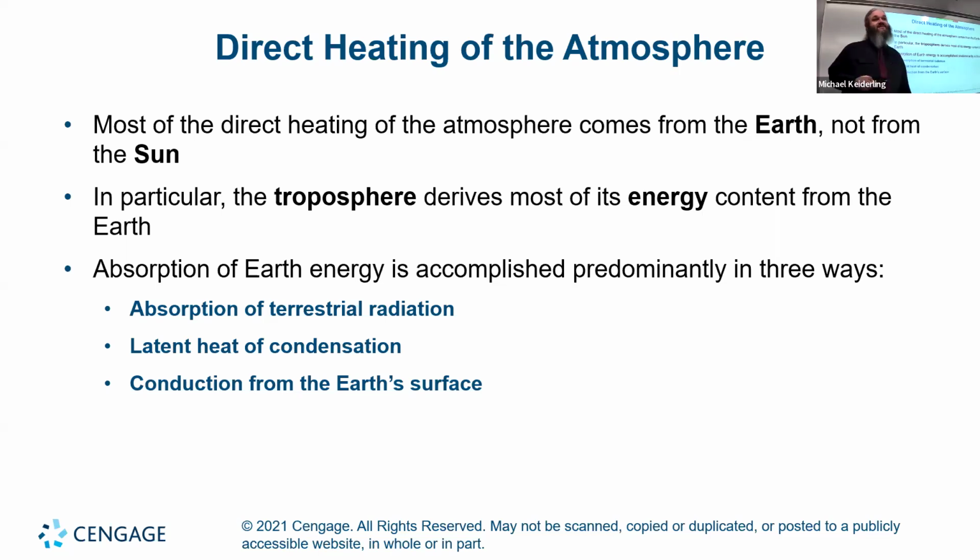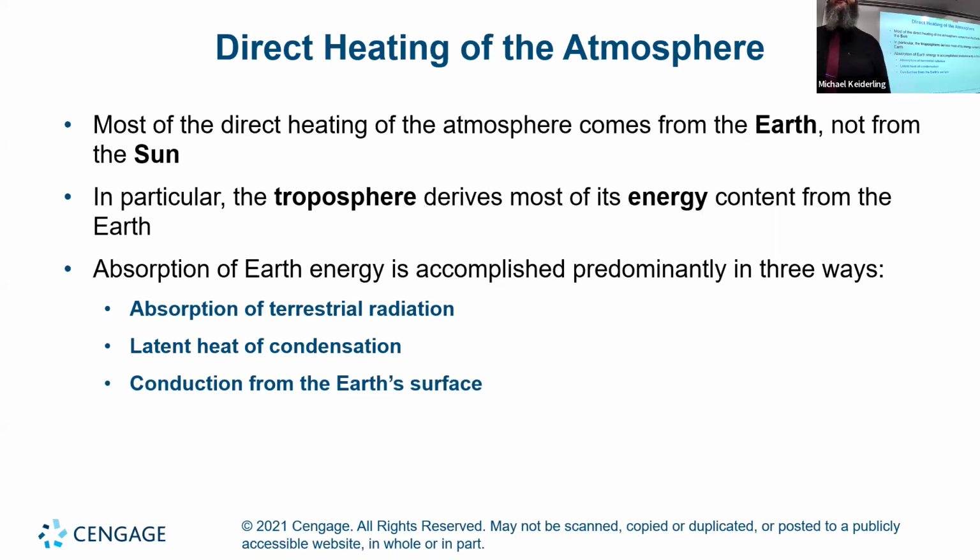Then there's the latent heat of condensation. When water evaporates, it consumes energy from the Earth. And when it recondenses to form clouds, it releases that energy into the atmosphere around it. And then lastly, there's just direct conduction from the Earth's surface. The Earth is warm, it's touching the bottom of the atmosphere, it warms that atmosphere up.